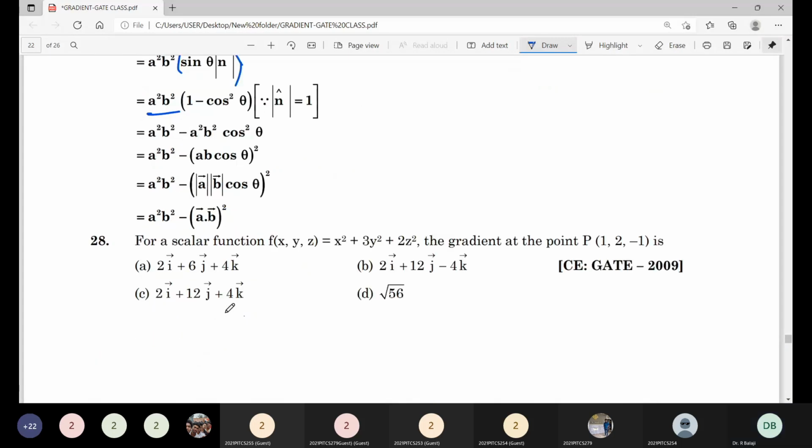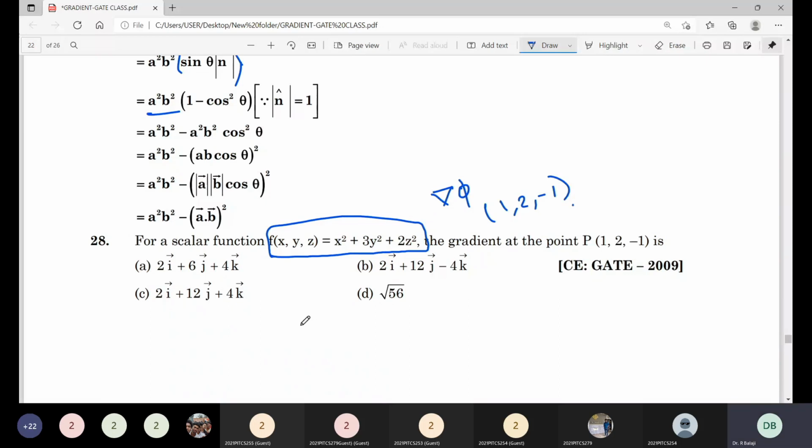Right. Now, for a scalar function f of x comma y comma z, the gradient at the point P of 1 comma 2 comma minus 1. So we have to solve the gradient. Gradient is nothing but del phi, so del phi at 1 comma 2 comma minus 1.